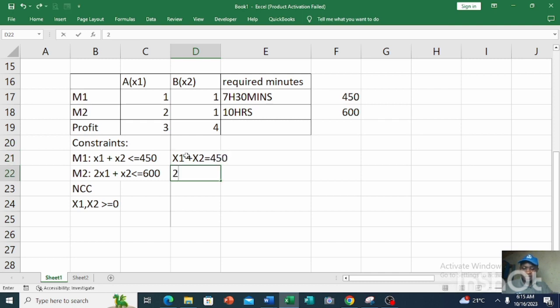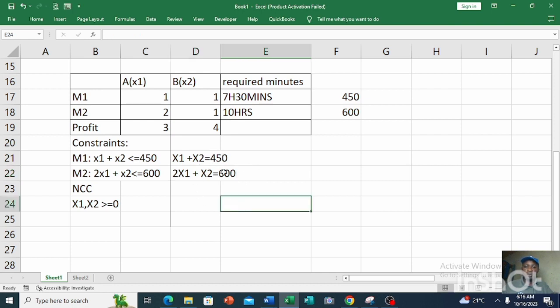The second one, 2x1 plus x2 equal to 600 minutes. So these are the two simultaneous equations that we have to solve.